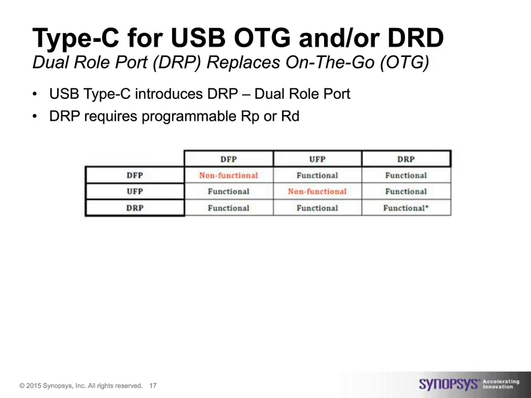You can see in this table that connecting two dual role ports together is of course functional, and connecting a host to a host or device should also be functional, and connecting a device to a host or device should also be functional. So that's fine. The challenge is when you connect the dual role port to a dual role port.